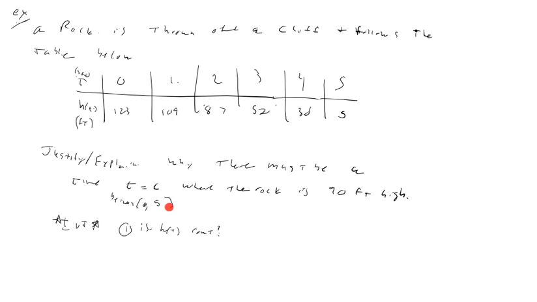We're looking for a value between, and we know the intermediate value theorem. First of all, is h of t continuous? This is the question. Is this function continuous? What do you think, everybody?